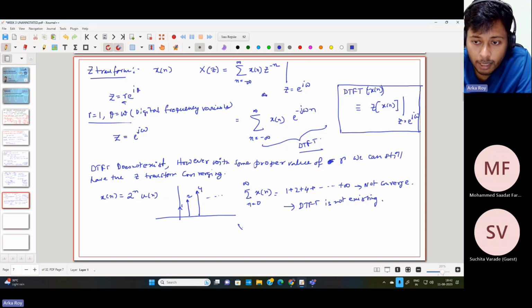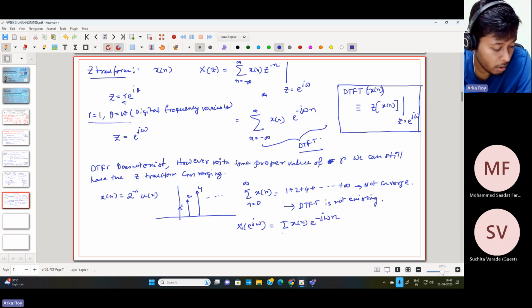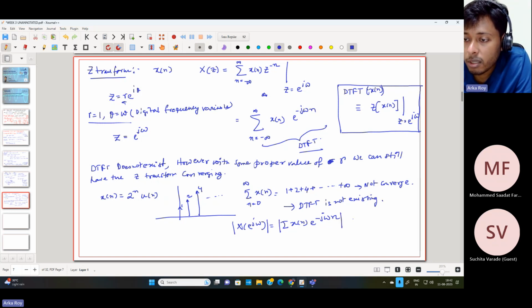We can show some demonstration. For example, X(e to the power j omega) is the summation of xn e to the power minus j omega n, and n is varying from minus infinity to infinity. To get it stabilized, the mod of the summation should be less than infinity. I can say that the summation of mod of xn and e to the power minus j omega n should be less than infinity.